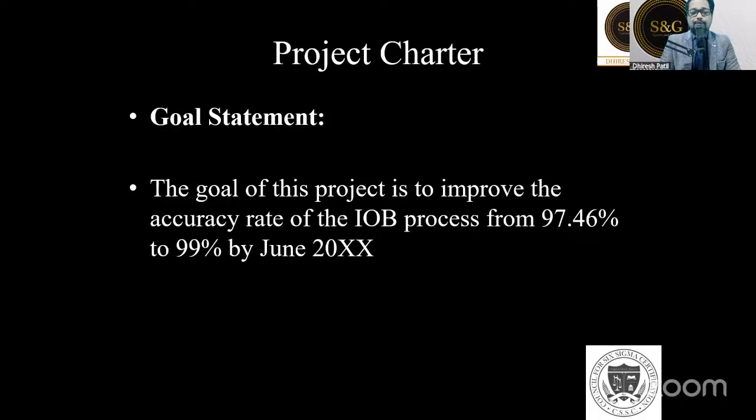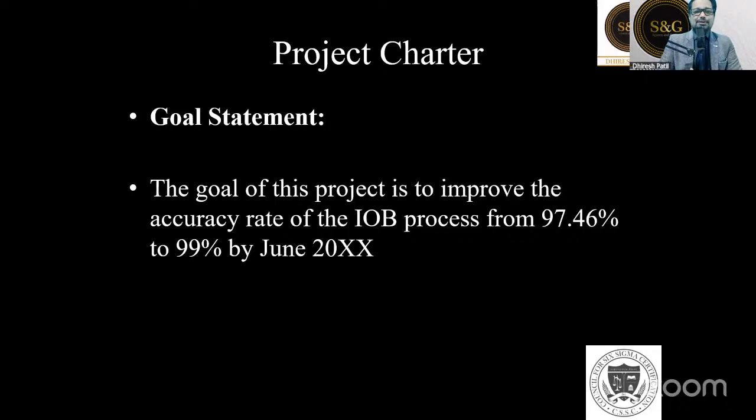So they've taken that much time, and we all know that a lot of us work on projects on a part-time basis. Along with our routine roles, routine jobs, we basically work on the projects, right?